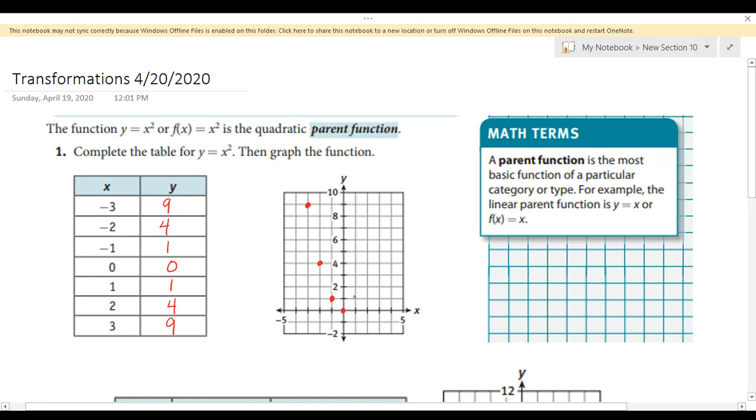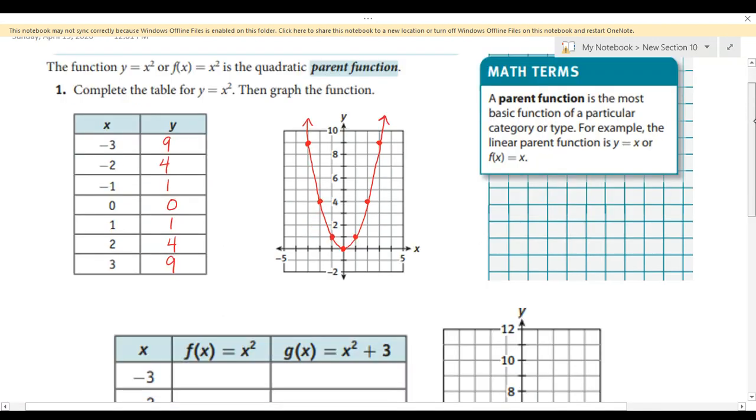And then it is a mirror image, so I can go over to the other side and do the exact same thing. And then 3, 9. And that is what my parent function, or original parabola, looks like.